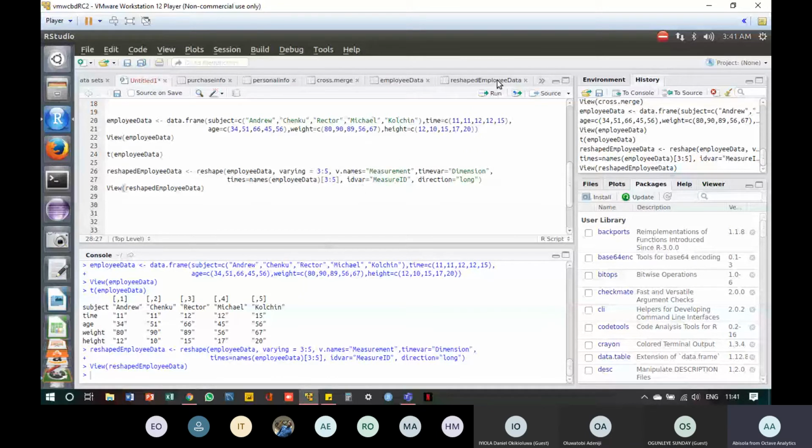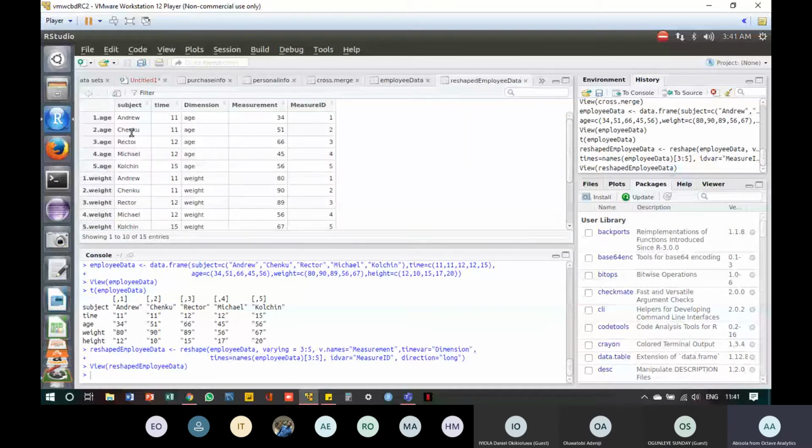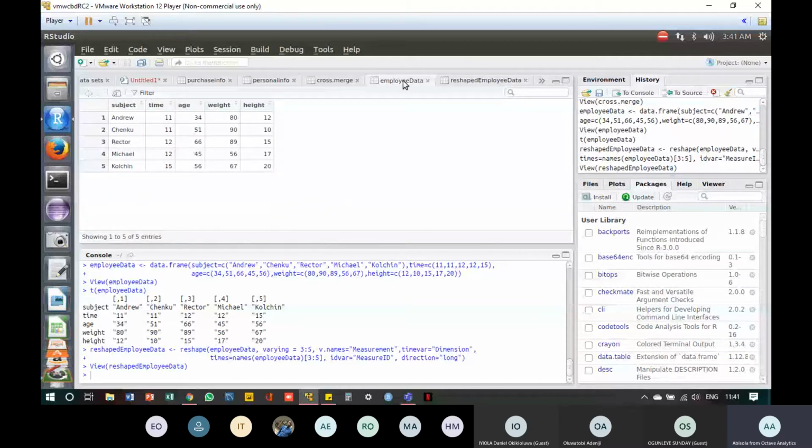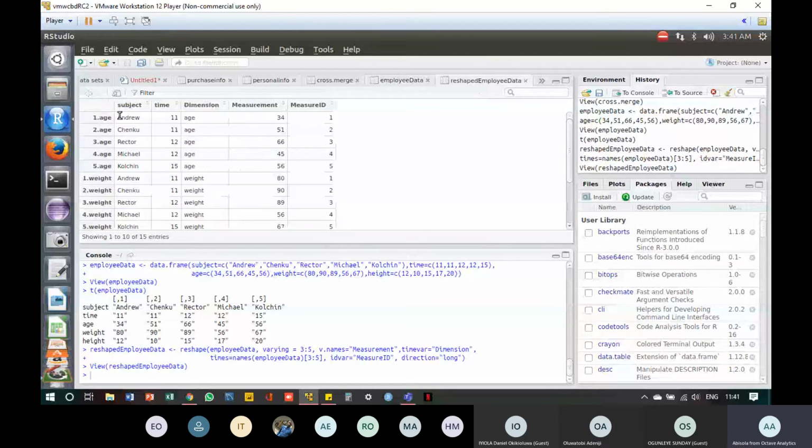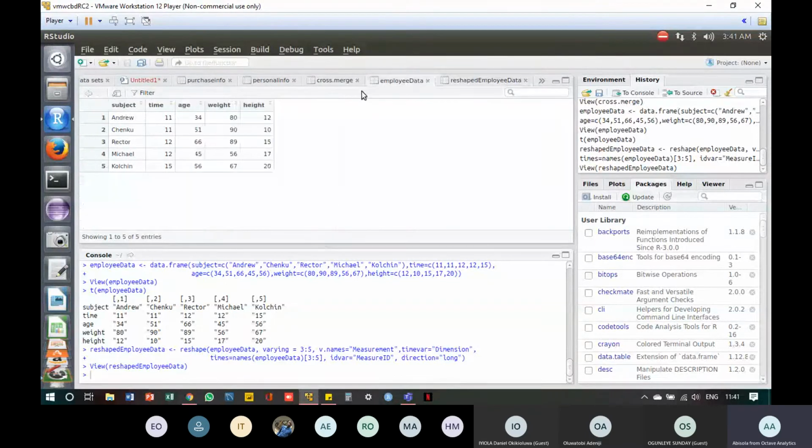We created a measure ID column for the 5 data sets, and for the 5 rows. Another thing we did was each of the 1 to 5 rows, because if you see here, we have rows 1 to 5. I'm trying to explain it the best way possible. We have dimension, age, weight, and height. We don't want this format, we want it in a long format. This is called the wide format.